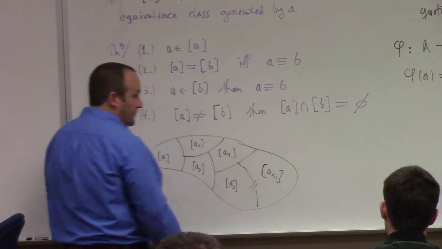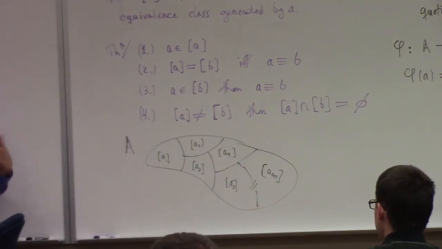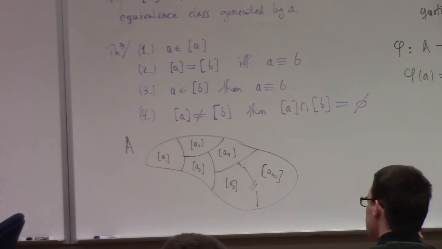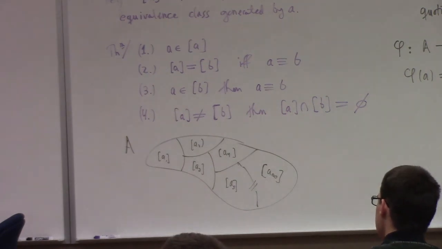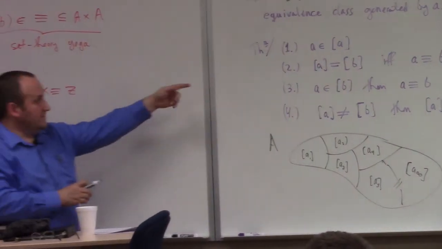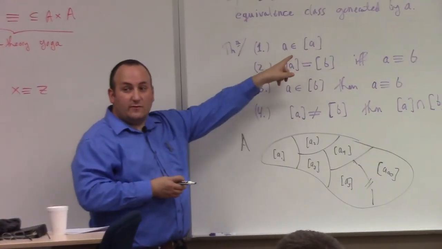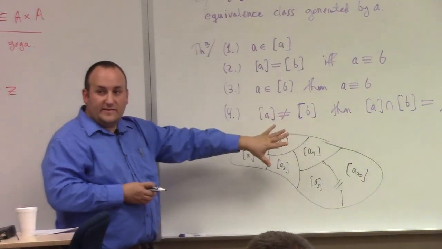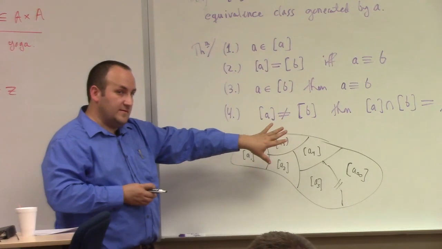There could be an infinite number of equivalence classes. The point is, if you pick any point in the set, there is an equivalence class which contains the point, because A is in the equivalence class generated by A. So you can do that for any point. So every point in the set A is covered by an equivalence class.